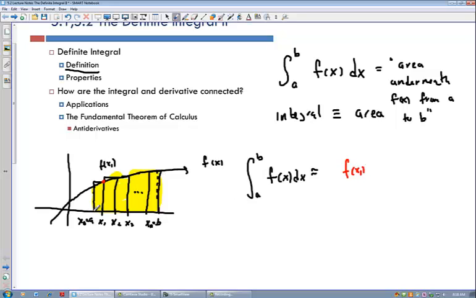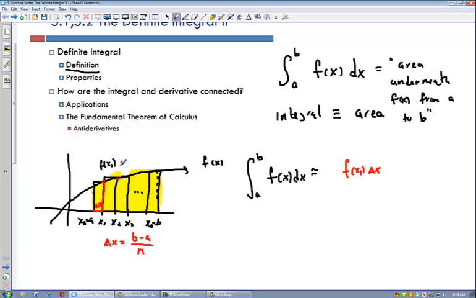And that's the height, and the length right here is delta x. Delta x is the length of each of these little segments. You can find delta x by taking the length of the interval, b minus a, and dividing it by n. But for us, it's good enough that you recognize that this is delta x, that length right there. So you take delta x times the height, f of x sub 1.